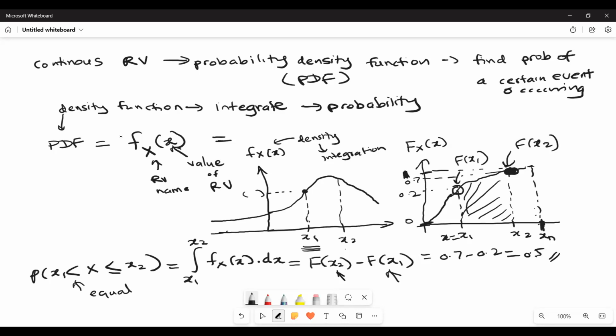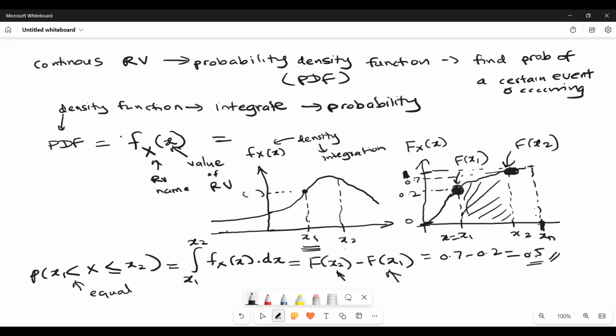Once I subtract these 2 points, I subtract the probability of x equals x1 from that. Because of that, the probability of x equals x1 is not included in this result.